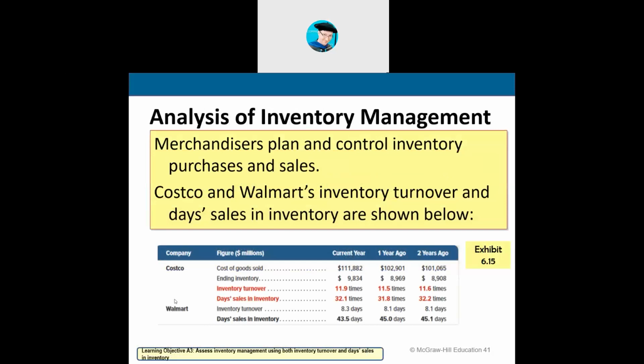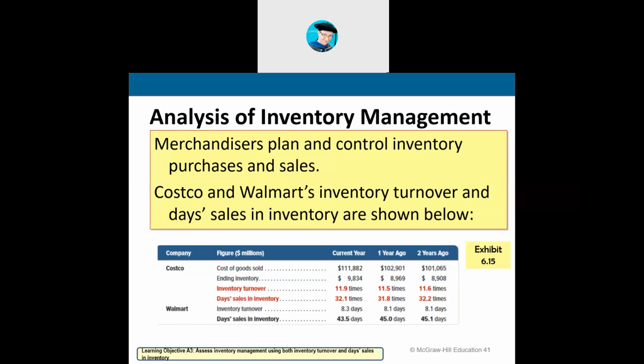Look at Costco and Walmart, for example. Costco, their inventory turnover is 11.9 times, which is pretty good. That means that they're selling through their inventory quickly. Their days sales in inventory is 32.1 days.